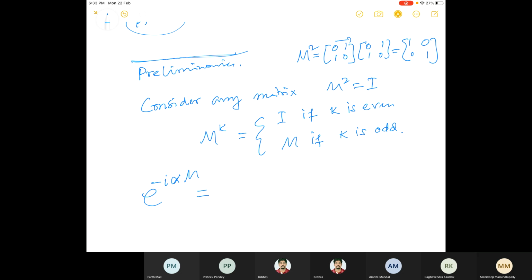You can use the formula. Because this M satisfies M square equal to identity, and M to the power K, you will see that it is nothing but this.